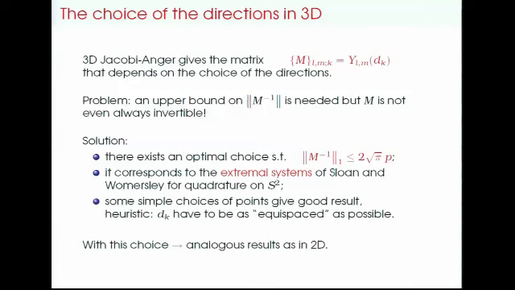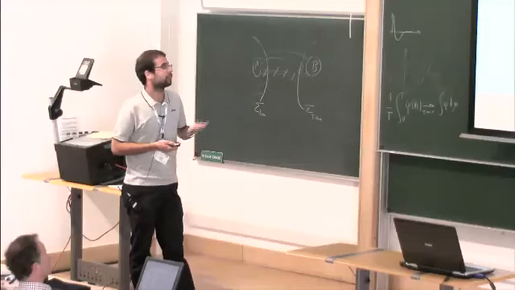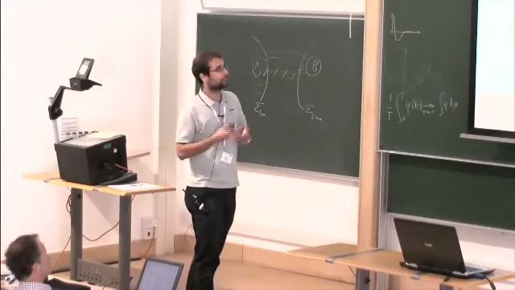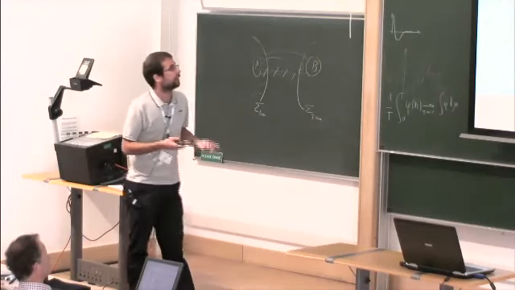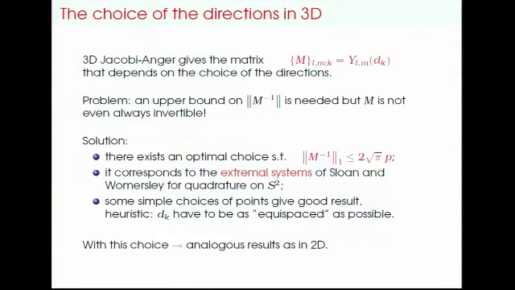And we can also see that this optimal choice corresponds to the so-called extremal systems introduced by Sloan and Womersley that are used for quadrature on S2, on the sphere. This means we don't have to compute anything, we can just connect to their website, download the optimal directions, and we have our optimal choice of directions for our plane waves.